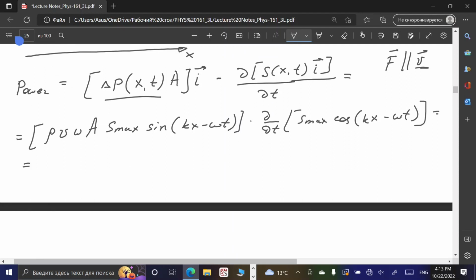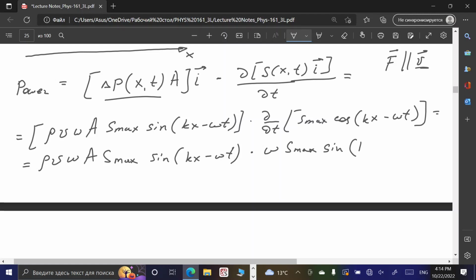We eventually get rho times v times omega times A times S maximum times sine kx minus omega t times the derivative, and the first derivative will give us omega S maximum times sine kx minus omega t.